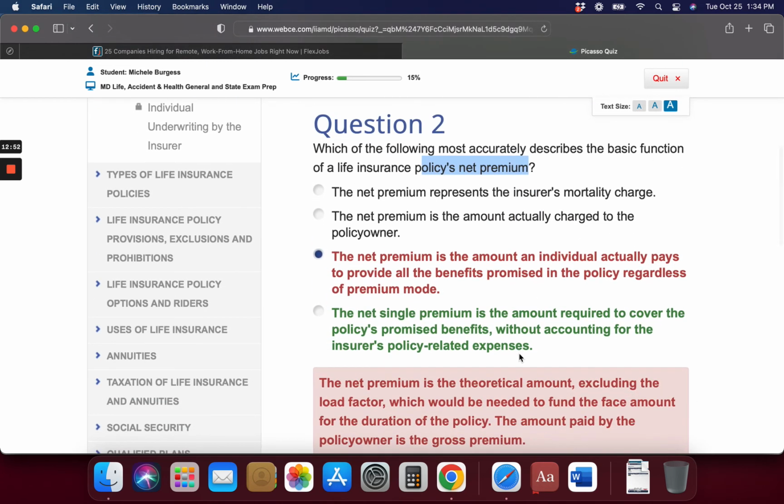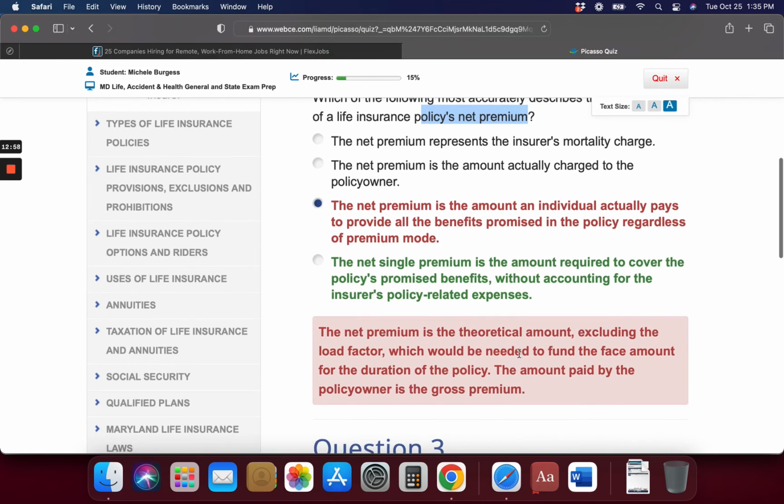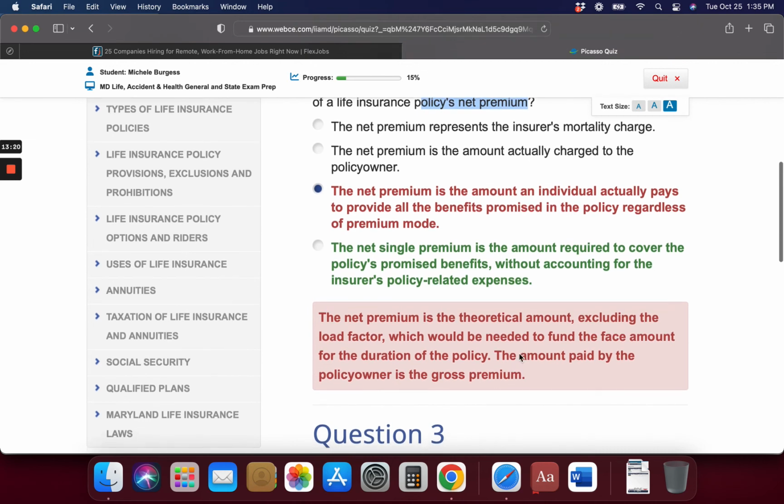All right, so which basic function describes the net premium? Okay, so the net premium is the theoretical amount excluding the load factor, which would be needed to fund the face amount. A lot of terminology there. The amount paid by the policy owner is the gross one. The net premium is the amount required to cover the policy's promised benefits without accounting for the insurer's policy-related expenses.